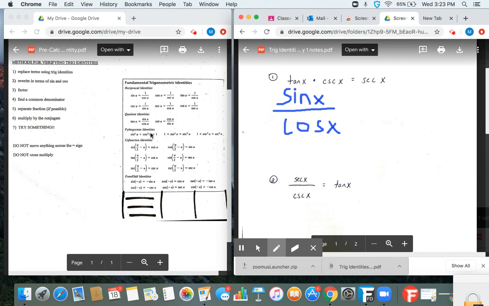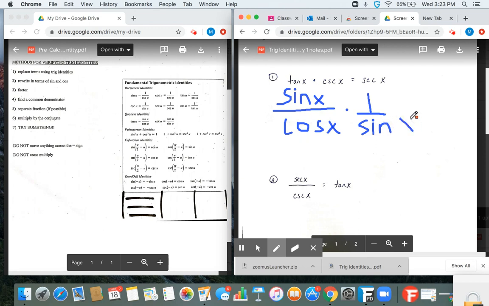If you look at your identities over here, forget about the u, just think of that as an x or any variable, but tan x, or tan u, is sine over cosine. What's left is cosecant. Well, how can we rewrite cosecant in terms of sine or cosine? We know that cosecant is the reciprocal of sine. So in other words, I could write it as 1 over the sine of x.